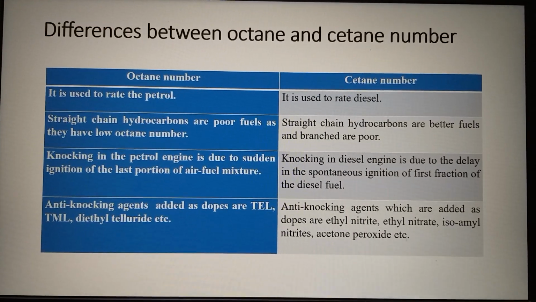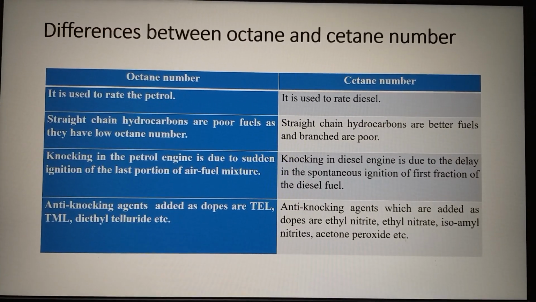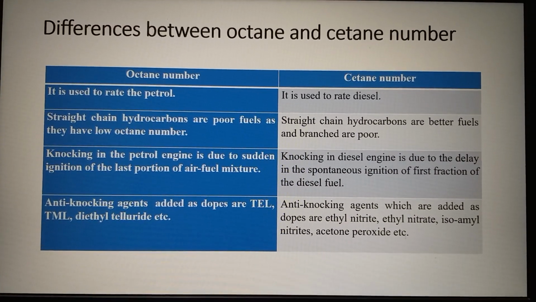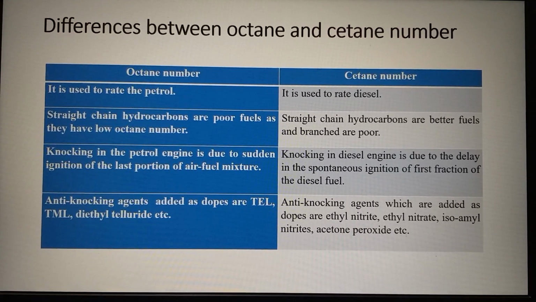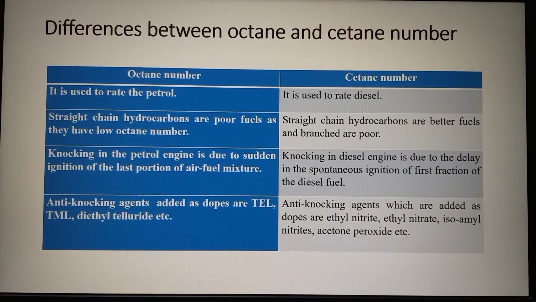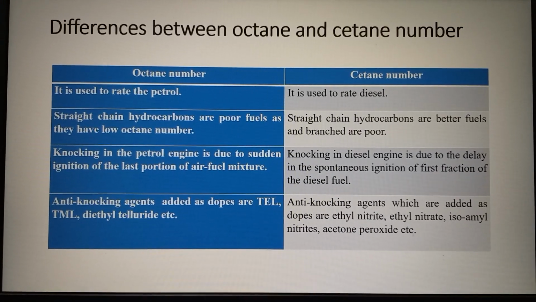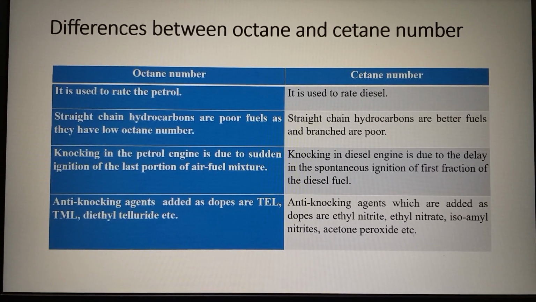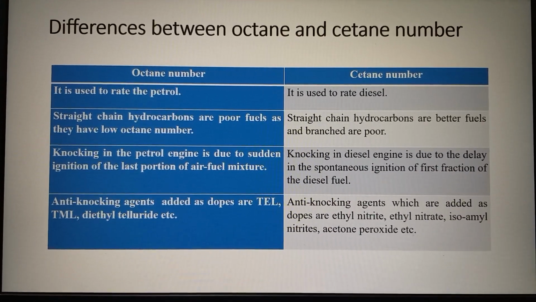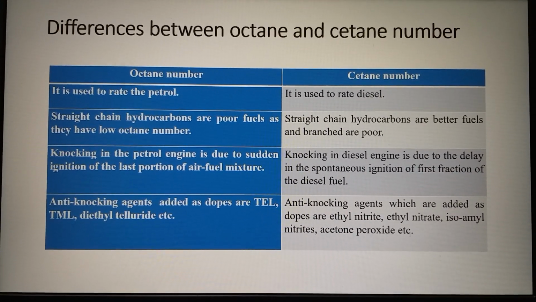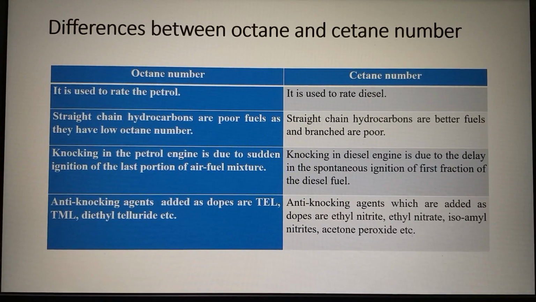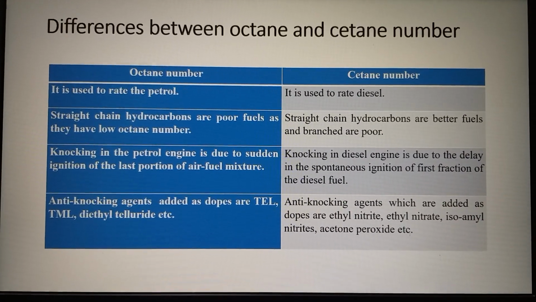But in the cetane number, that is in the diesel fuel, if the straight chain hydrocarbons are more in the diesel fuel, it is considered to be of better quality. The knocking in the petrol engine is due to the sudden ignition of the last portion of the air-fuel mixture, whereas in the diesel engine, it is due to the delay in the spontaneous ignition of the first fraction of the diesel fuel.